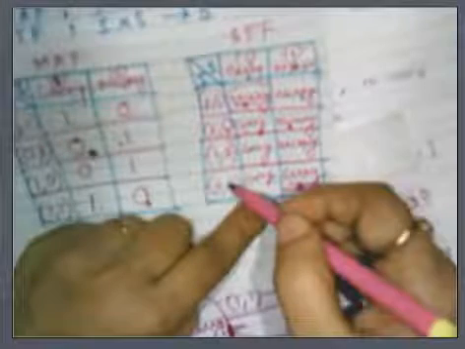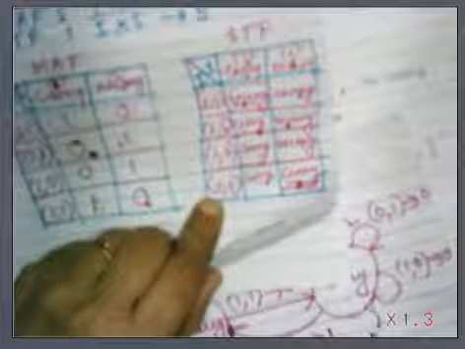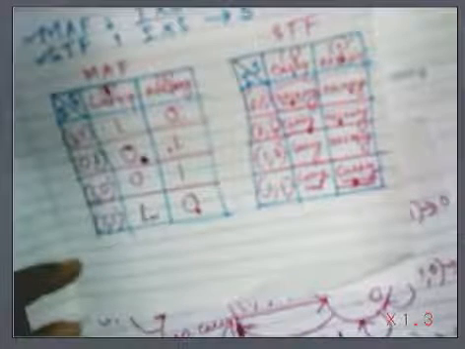That means for the input 1, 1 and current state carry, it is remaining in the carry state. And what output is it generating? It is generating output as 1.